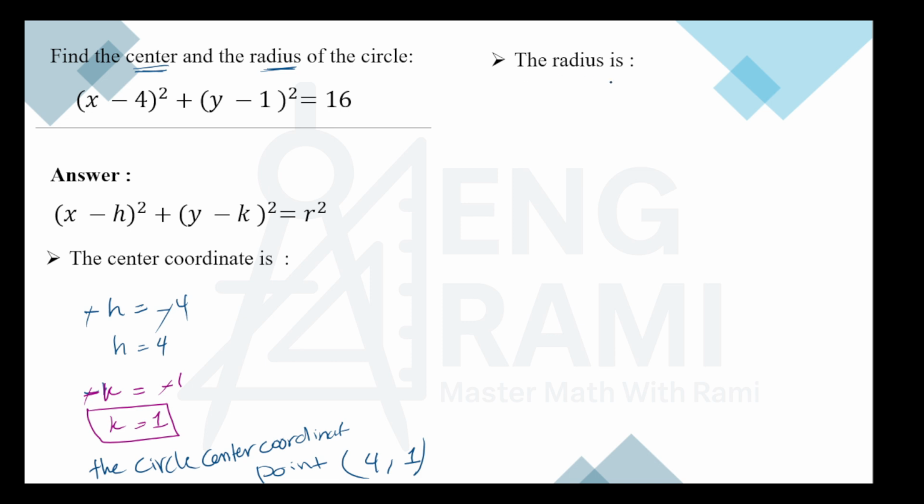With respect to the radius, r squared equals 16. Then r equals the square root of 16, which equals 4.